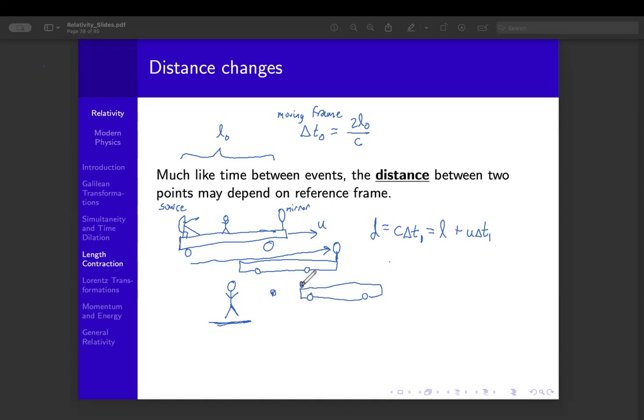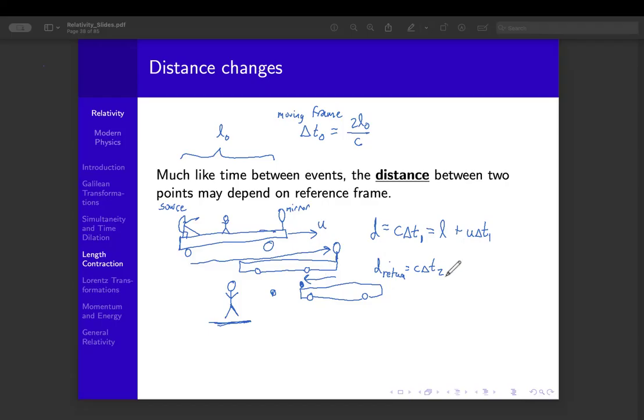So the source should be right here, which means that on the return trip, the light only traveled that little bit of distance instead. So the distance on the return trip should be c delta t2, which is going to be different than delta t1 because there are different distances traveled from the source to the mirror, and then the mirror back to the source.